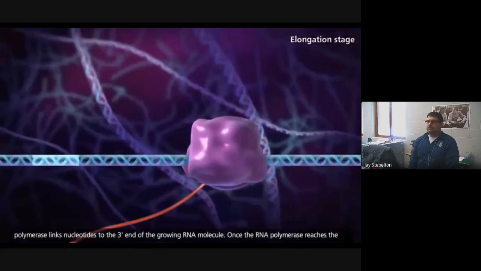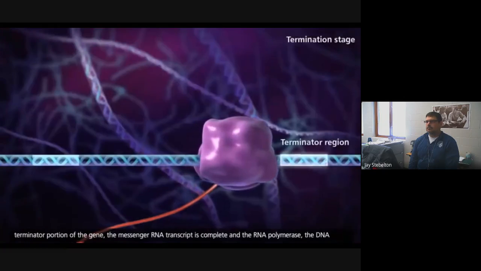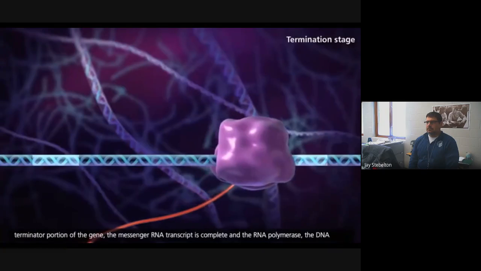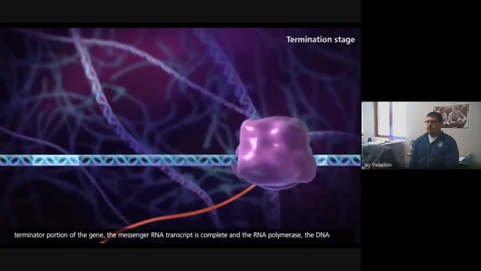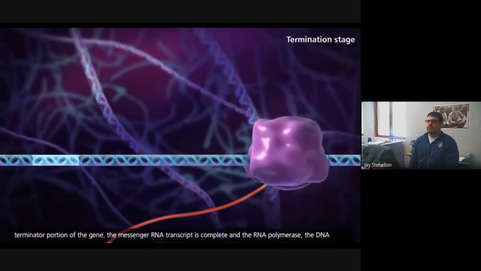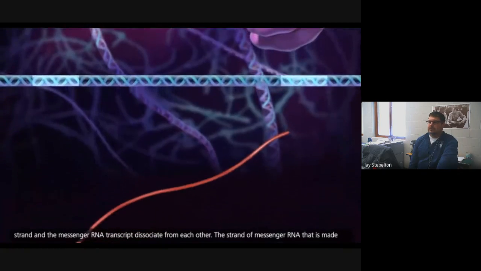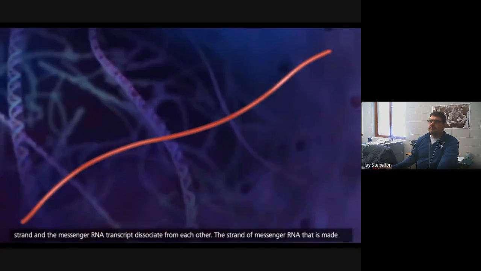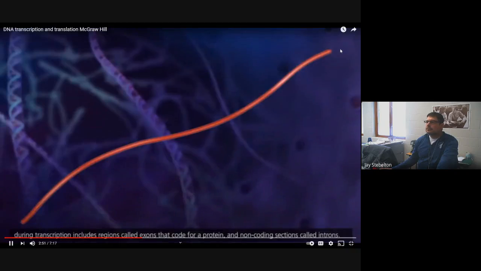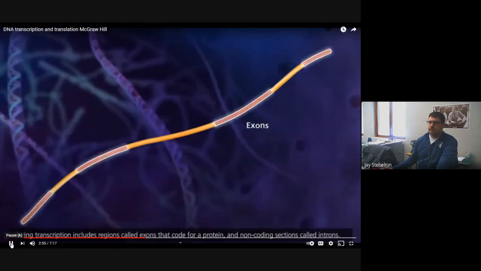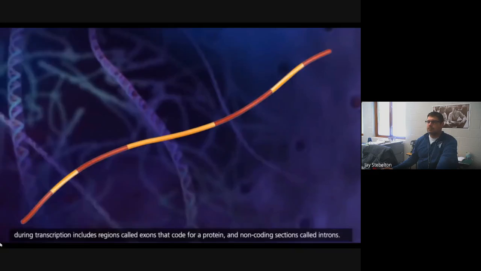Once the RNA polymerase reaches the terminator portion of the gene, the messenger RNA transcript is complete, and the RNA polymerase, the DNA strand, and the messenger RNA transcript dissociate from each other. The strand of messenger RNA that is made during transcription includes regions called exons that code for a protein, and non-coding sections called introns.